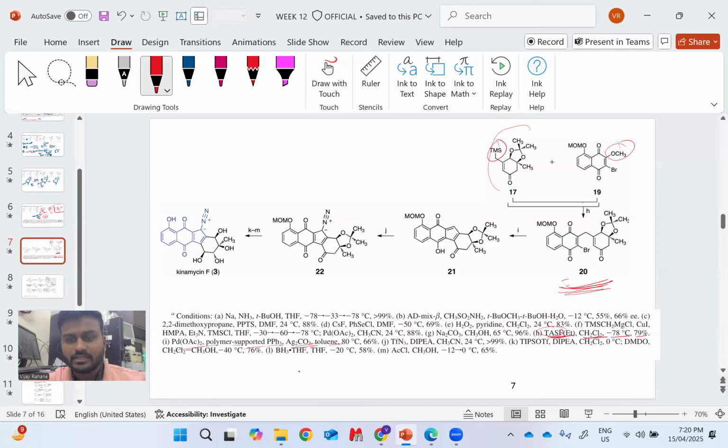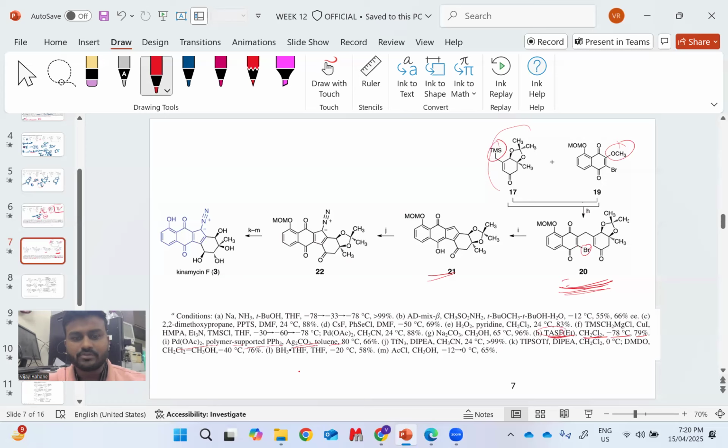So basically, the palladium acetate inserts in between here probably, and then might attack here. The reaction works with some sort of concerted mechanism, and it gives the formation of this cyclized product 21.